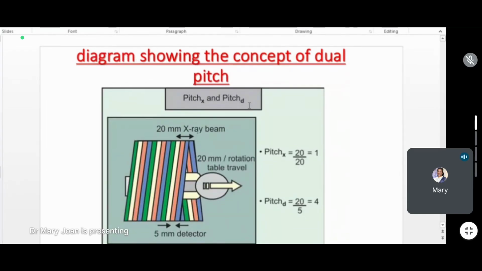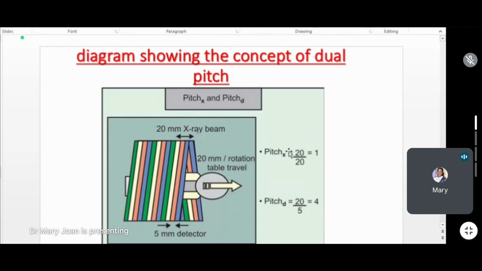The diagram shows the concept of dual pitch. The X-ray beam is 20 mm, and the table travel per rotation is 20 mm. The table moves 20 mm in one rotation of the X-ray tube, the X-ray beam is 20 mm, and we have a 5 mm detector.